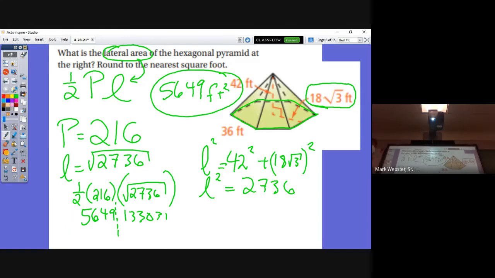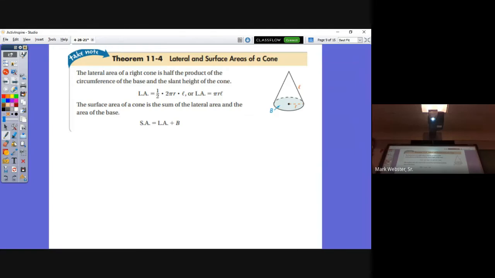Cones. Now, again, the book is going to try and convince you that a cone needs to be treated differently than the rest of these. It really doesn't. They'll even give you a formula for it. They'll be like pi r squared plus pi r l. But here's the thing.